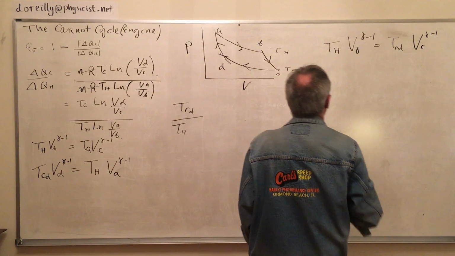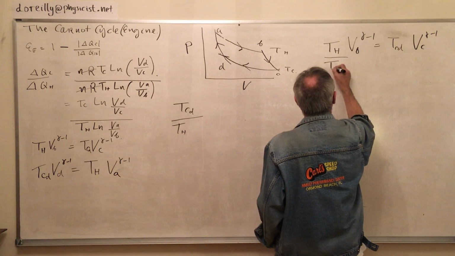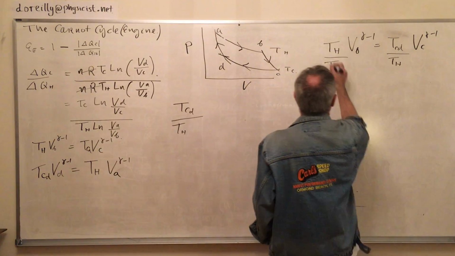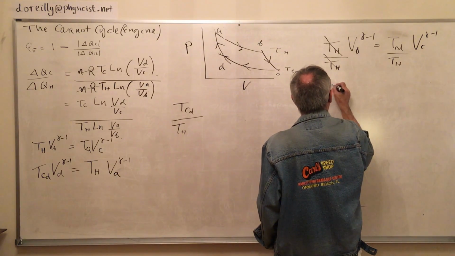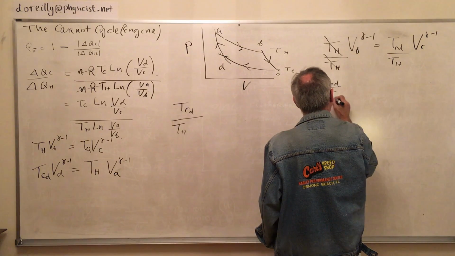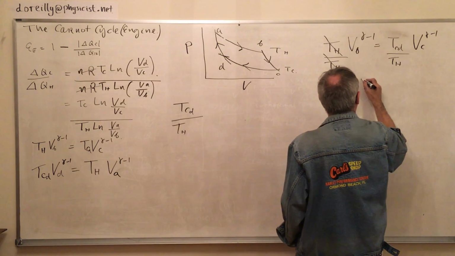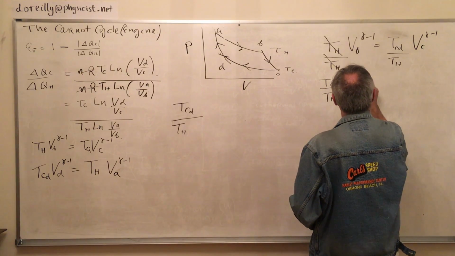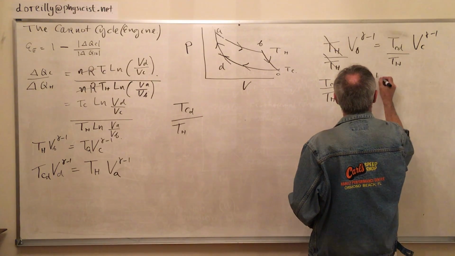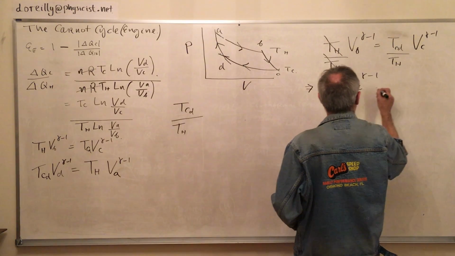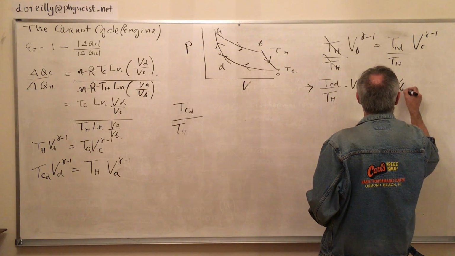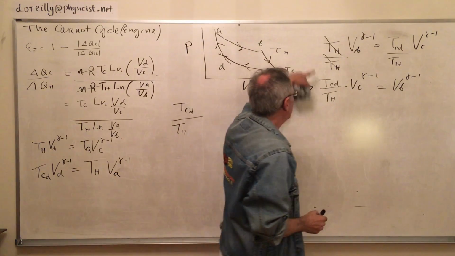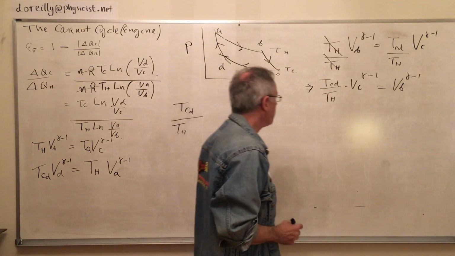Okay, let's divide both sides by T hot. They cancel. This is a B. They cancel, we get a factor of 1 in front of the VB.